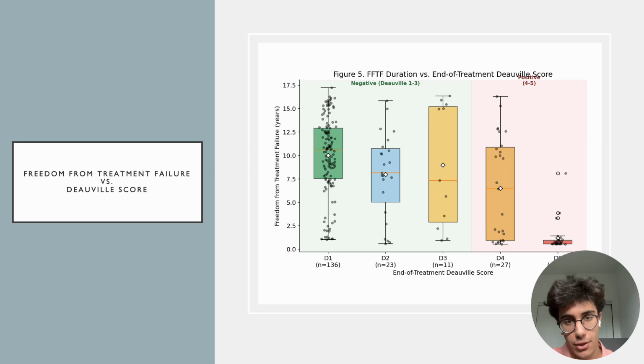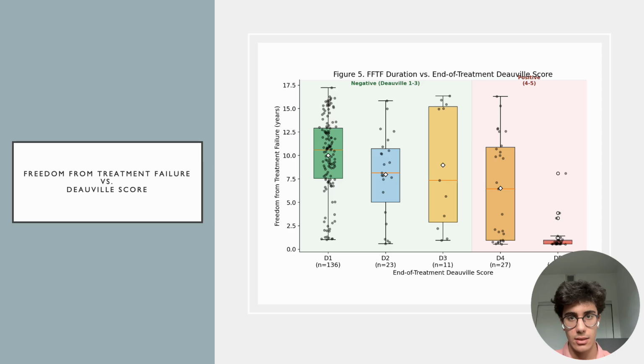Now, for the plot of freedom from treatment failure and the Deauville score, I used the end of treatment Deauville review column in our data, and I restricted it only to 225 patients who had a clean, unambiguous D1 to D5 score. There were some missing annotations and loss to follow-up scores, which didn't contribute.